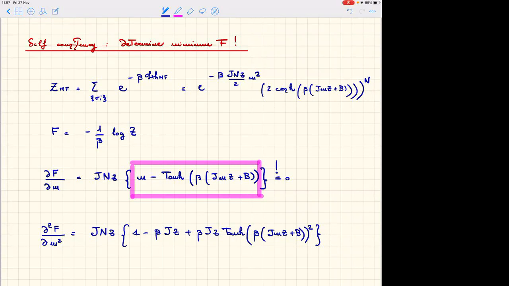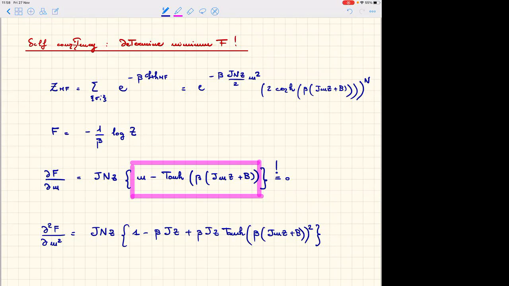Given a set of parameters, the equilibrium states are the minima of the Helmholtz free energy. If you go back to the lecture on thermodynamic potentials, you will find this statement there. So that's why I'm looking for minima of the Helmholtz free energy.